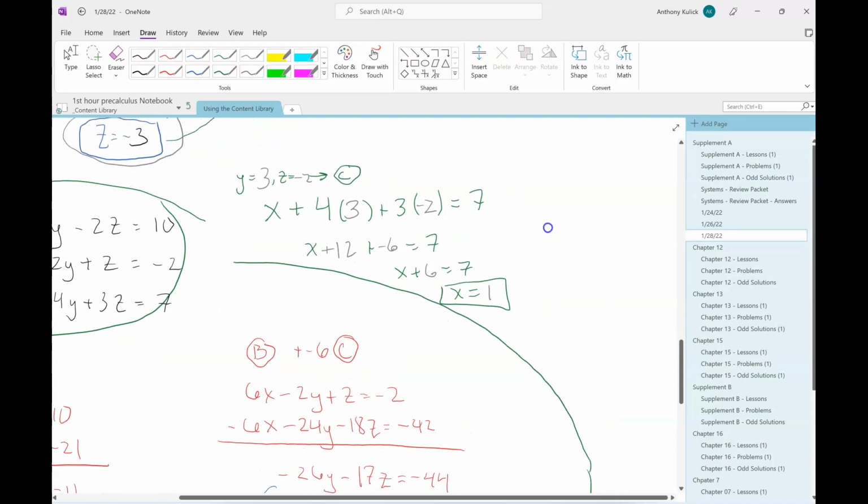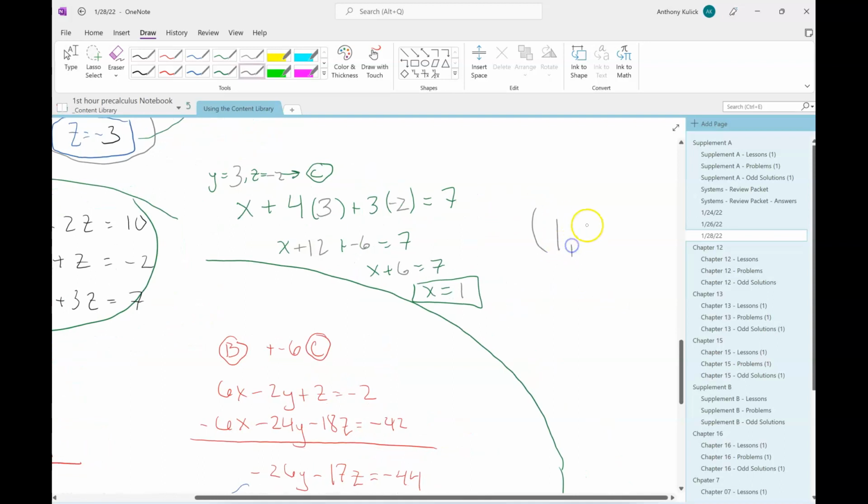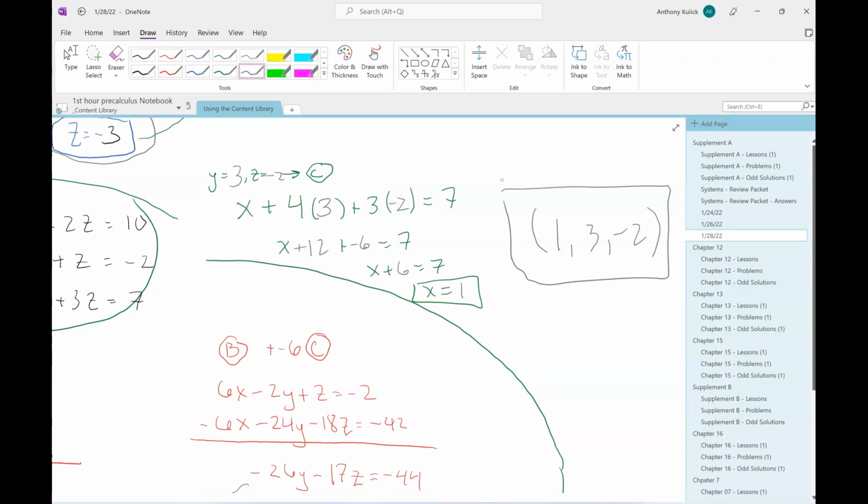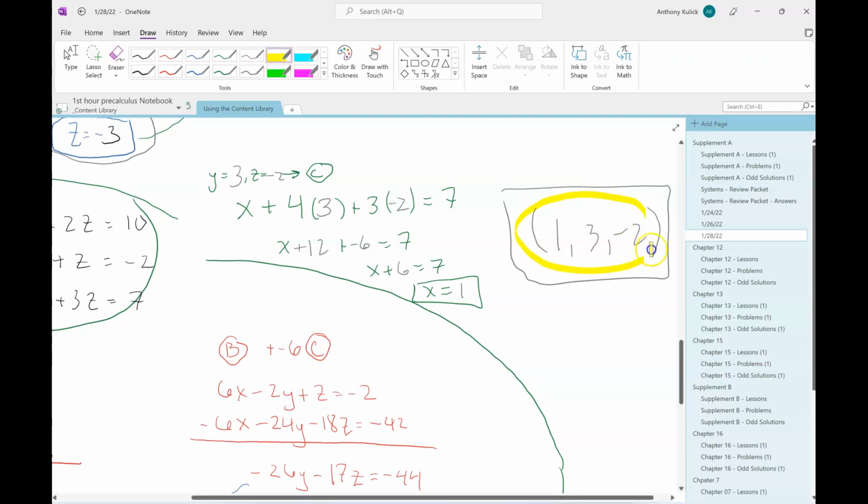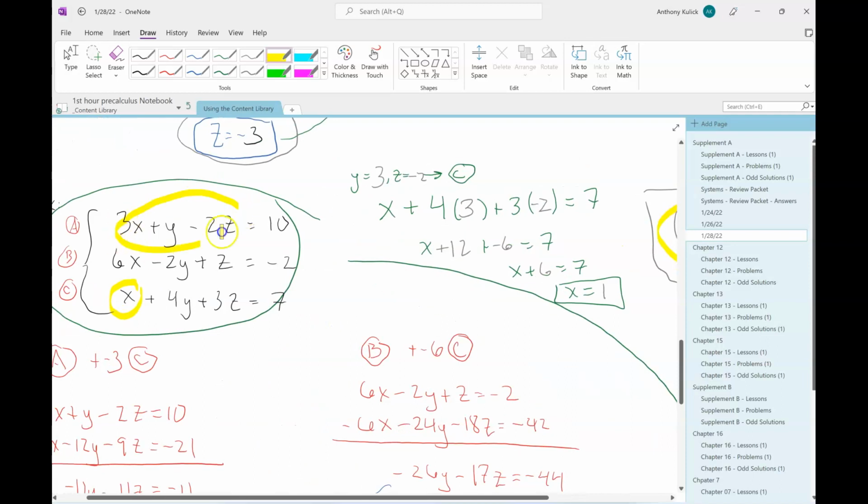Okay. So now that I have everything, I have x, y, z as my answer. Do you know how to check these? Yeah, if you take your answer and plug it in, it should work in every one of them.